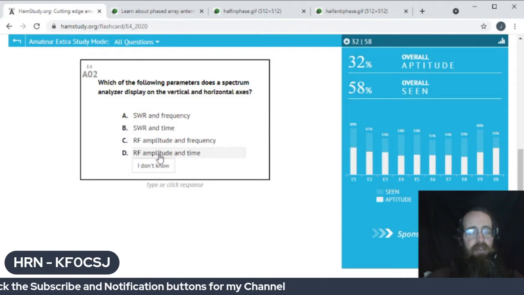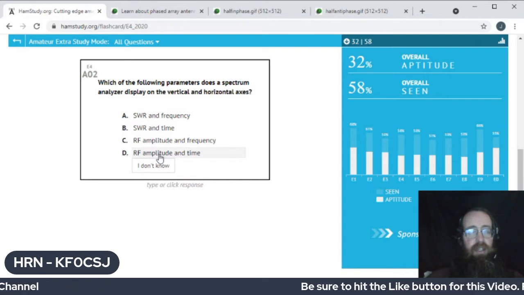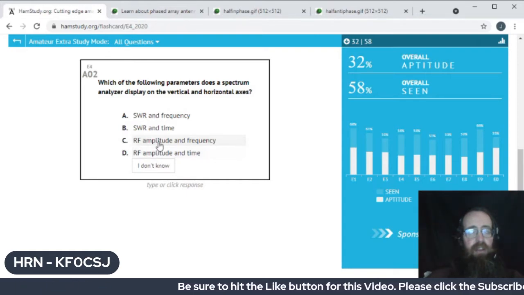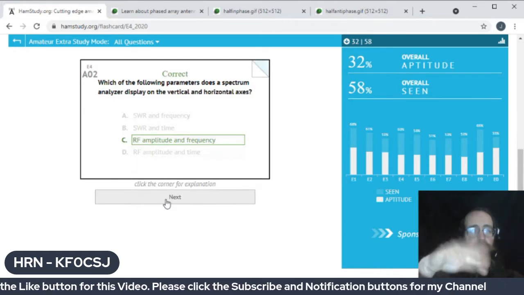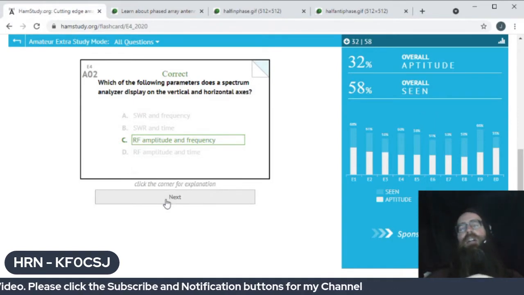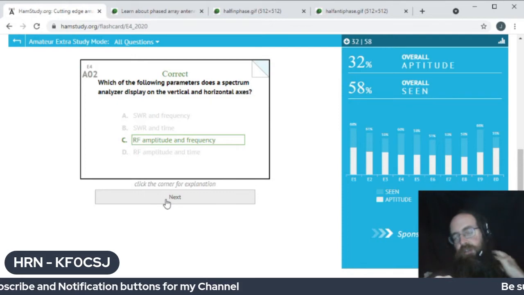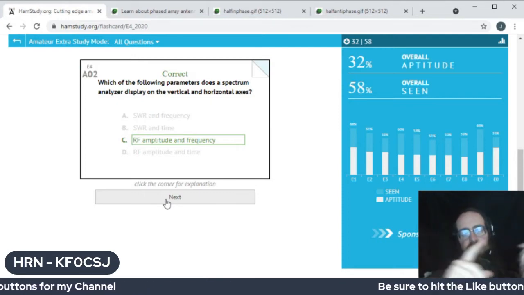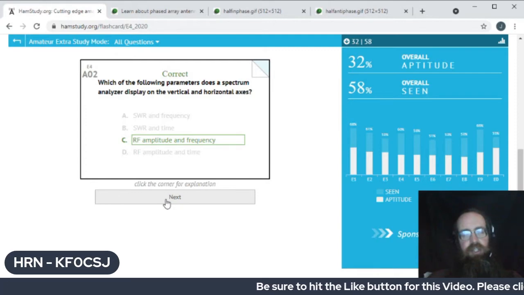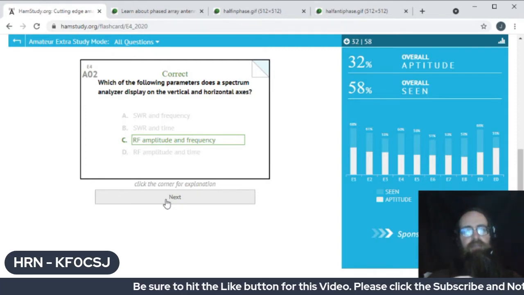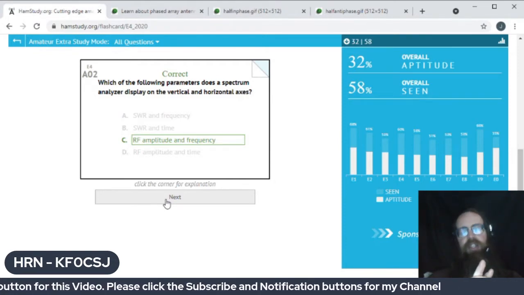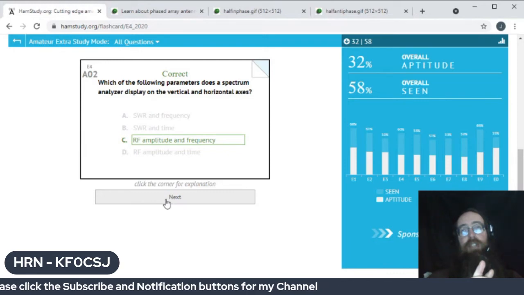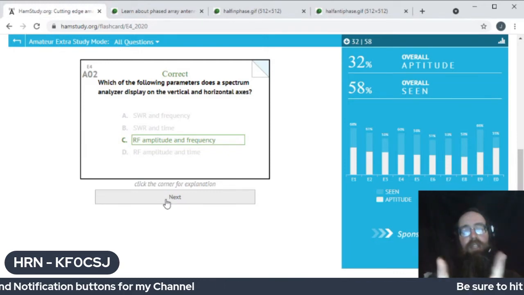I am going to go with RF amplitude and frequency. In a spectrum analyzer, you'll see spikes for the signal, and then left to right, just like on the waterfall of WSJT-X, is the frequency.